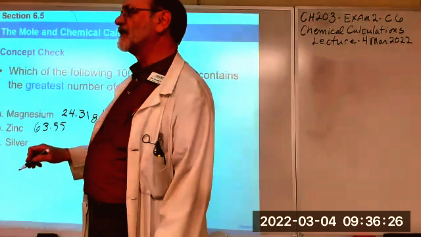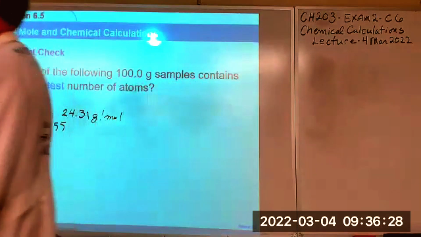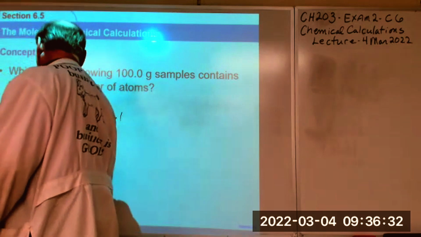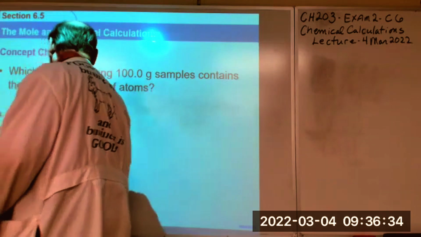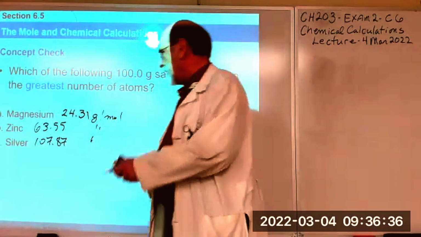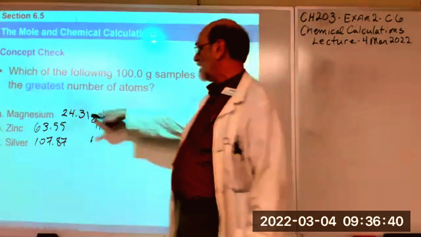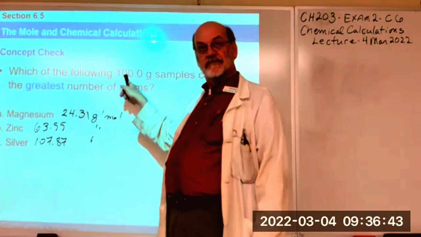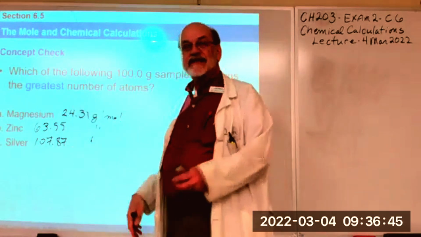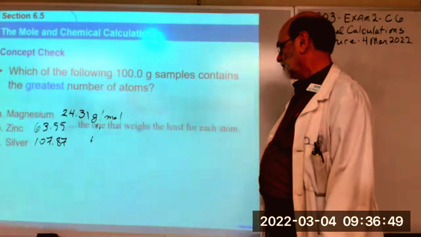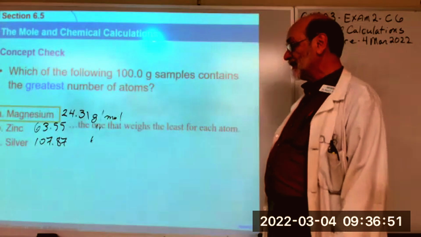And silver is even heavier, 107.87. So we know that the lightest one is the one that takes more atoms to get to that mass. So magnesium would be the answer to that question, the one that weighs the least for each atom.